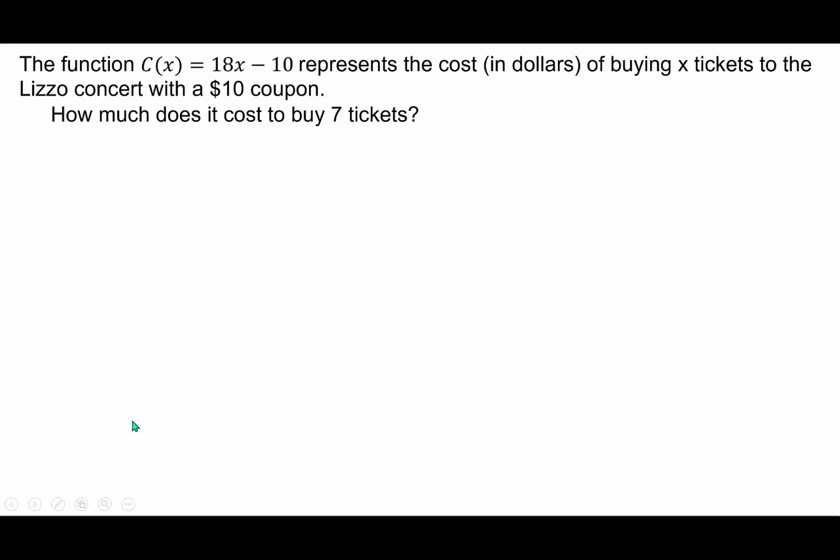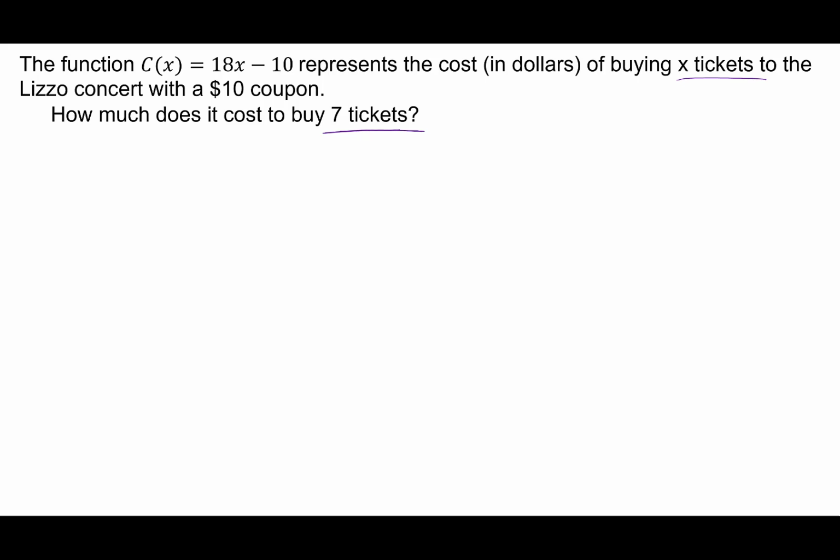All right, so now let's say I've got a function, c of x equal to 18x minus 10, which represents the cost in dollars of buying x tickets to a Lizzo concert with a $10 coupon. So, how much does it cost to buy 7 tickets? Well, x represented my number of tickets, right?